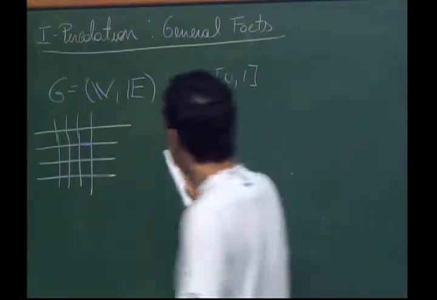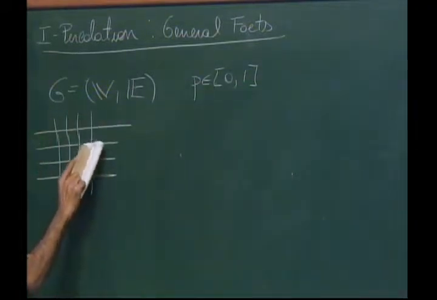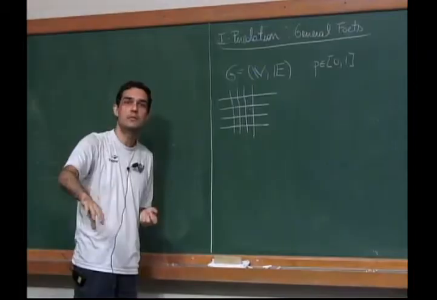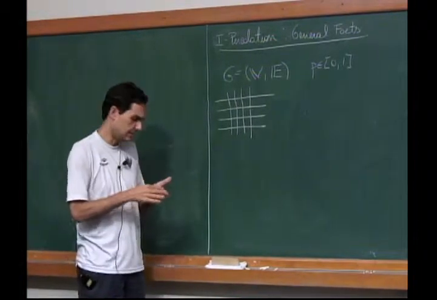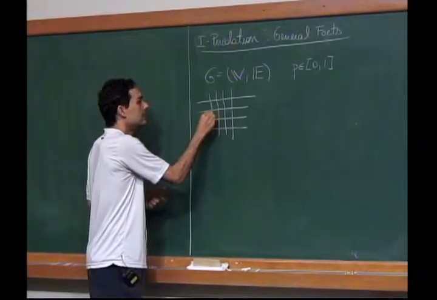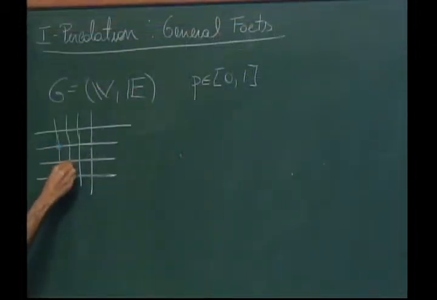But we can think of something like this: in each vertex, we have a kind of tap, and this tap can be open or closed. Is it clear? This is the site percolation model. Each site can be open or closed, open with probability p and closed with probability 1 minus p.